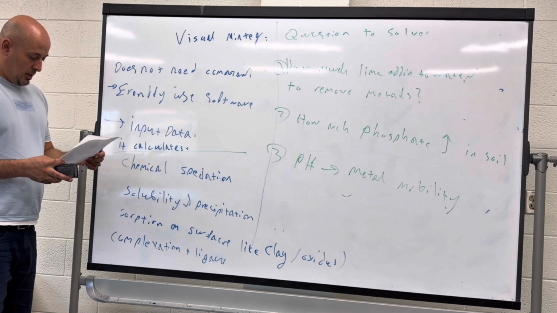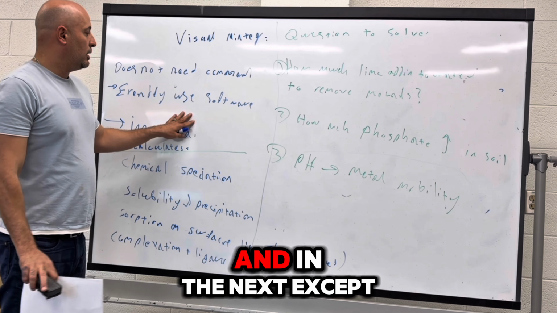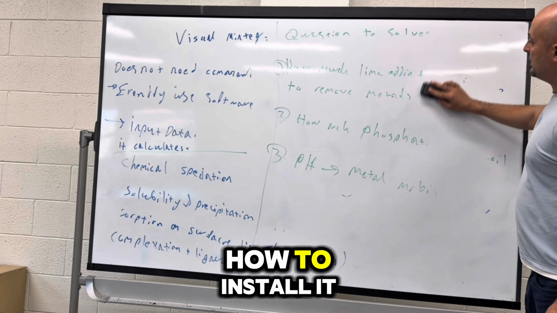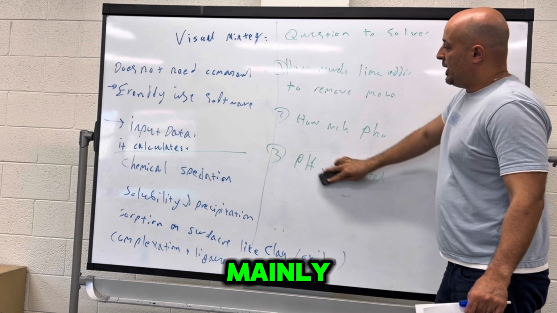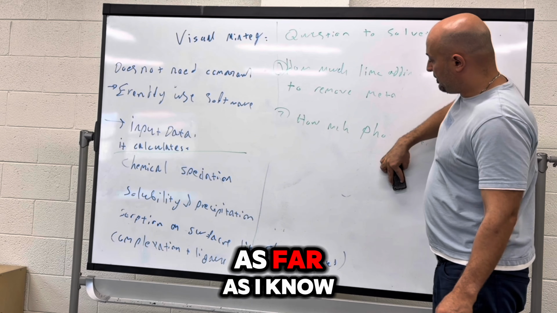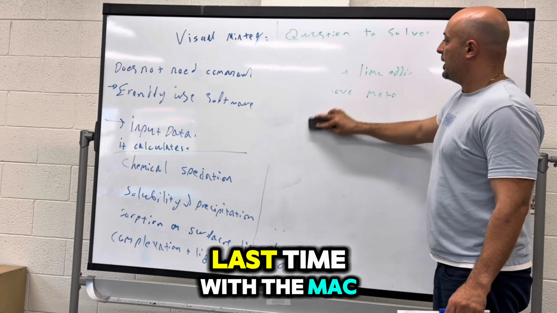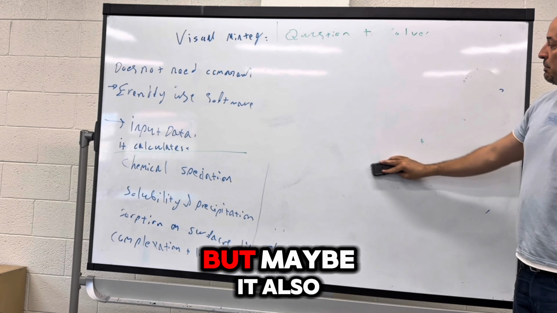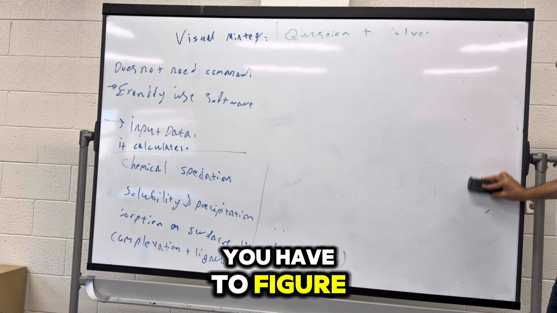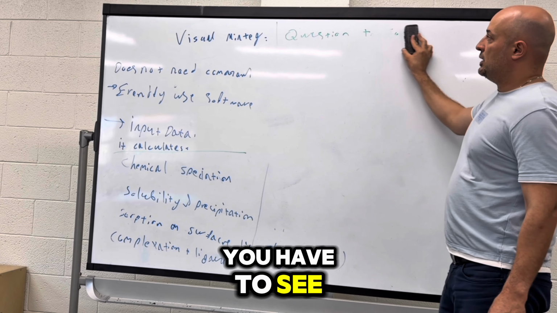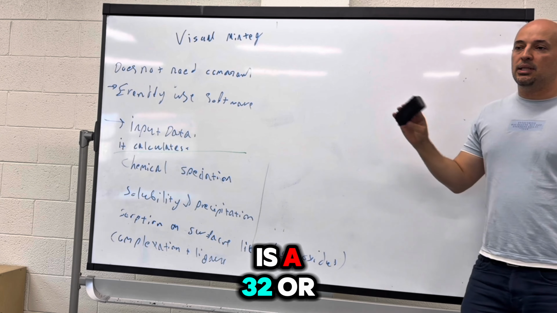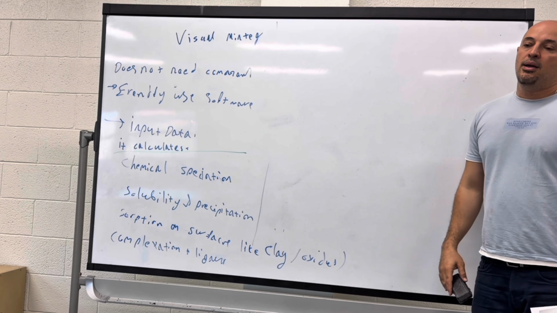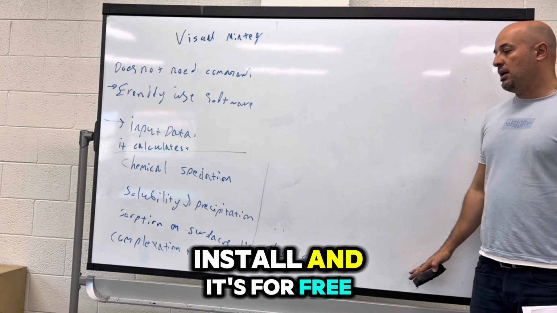So it is very easy to use, and in the next step I will show you how to install it. Mainly, as far as I know, it was not working last time with Mac. It was working only with Windows, but maybe it also works now with Mac. You have to figure that out. First, you have to see what your system is, 32 or 64 bit, to install this software. It is a very easy software to install, and it's for free.